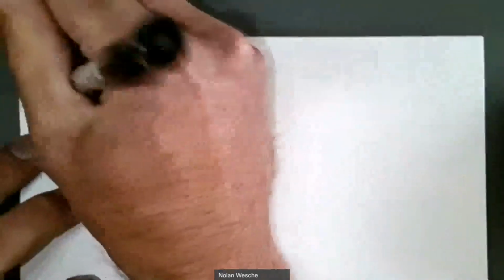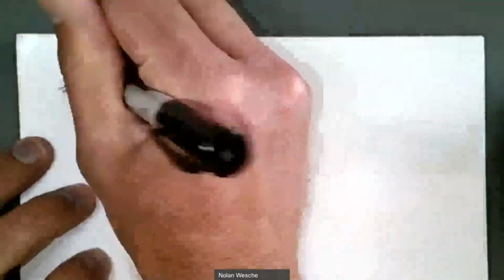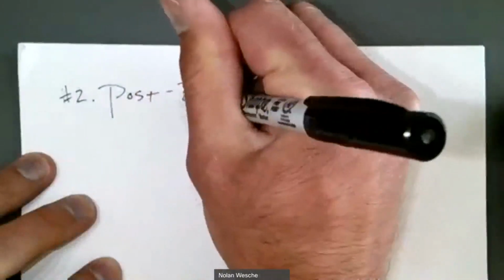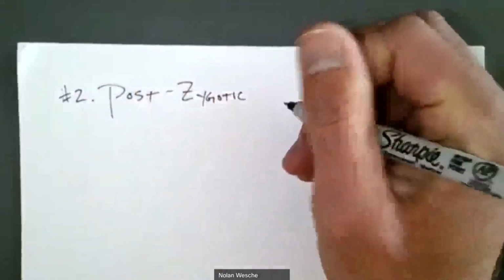So that does it for the prezygotic barriers. The other piece of this we're going to look at are the post-zygotic barriers. So post-zygotic would be after a zygote is formed.